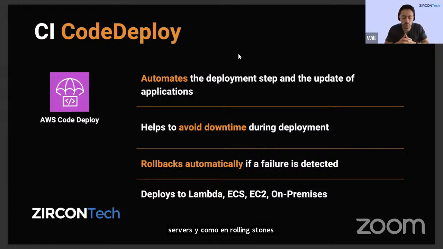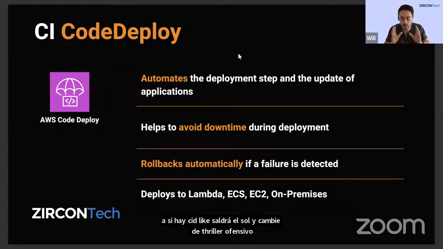Again, which configurations we choose will depend on the type of application and needs that we have in terms of downtime to make sure our deployments go smoothly. CodeDeploy is typically used together with CodePipeline and CodeBuild, and these three services provide the features for the complete CI/CD lifecycle, right? So the three of them can be compared with tools like Jenkins, maybe GitHub Actions, CircleCI, but fundamentally using AWS services and ecosystem, right?